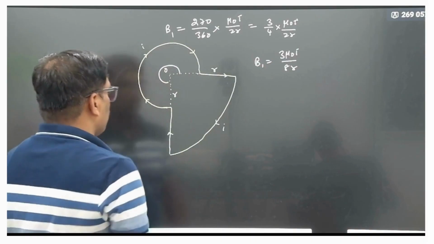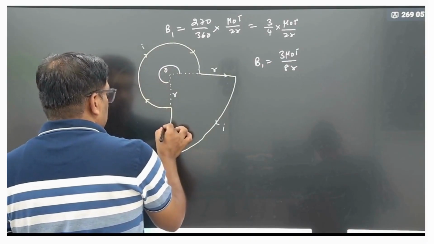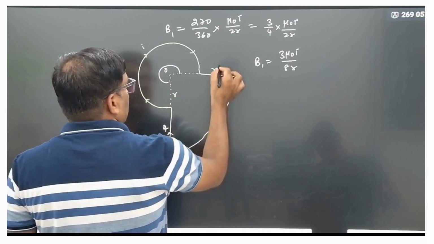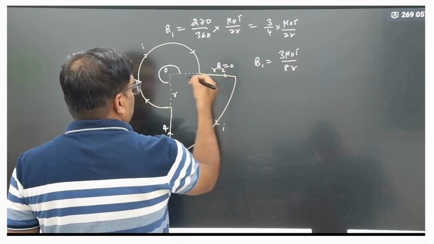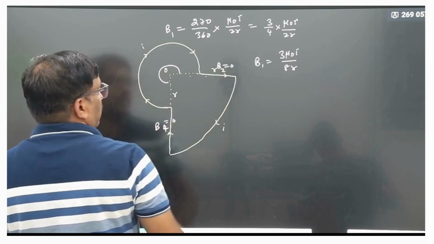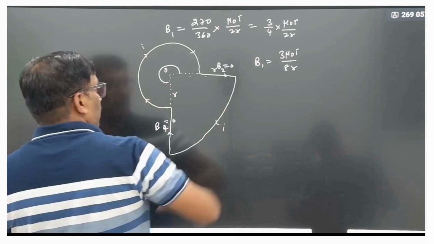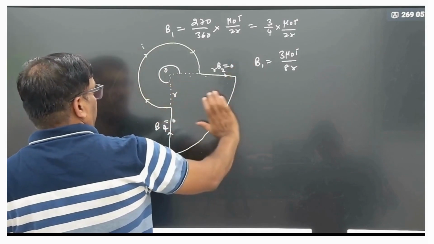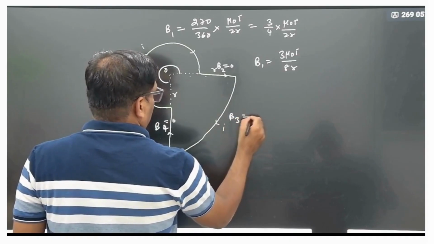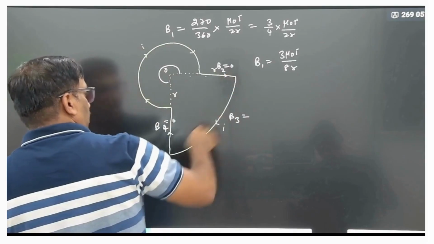Clear? So due to this part, this is the second part. Suppose this is the second part, this is your fourth part. Second part magnetic field will be 0. Why? Because it is in this direction. The fourth part magnetic field will also be 0. So due to this one, this is only a 1/4 part. What will be the magnetic field now? This is your third part, how much now? This is your 1/4 part.